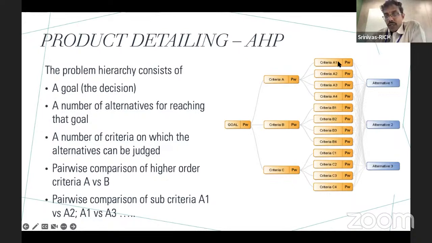So you compare A1, A2, and then A1, A3, A1, A4, and mark which one is most important of this A sub criteria, which one is most important of this B sub criteria, which one is most important again, C sub criteria. Further, you do the same for A, B, C criteria as well. Which ones are the most important?